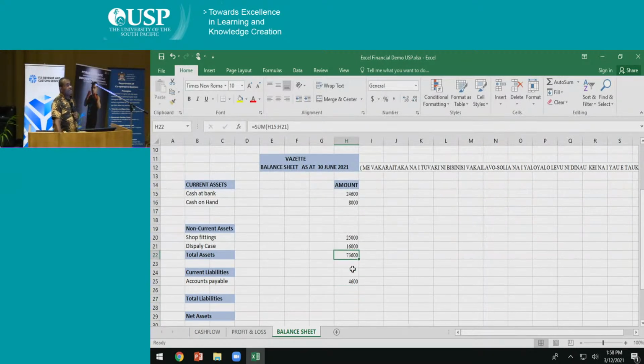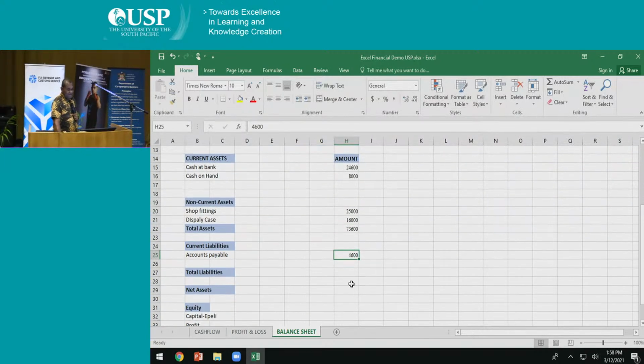It is 73,000, this is the formula, okay? 73,000 minus your liability.